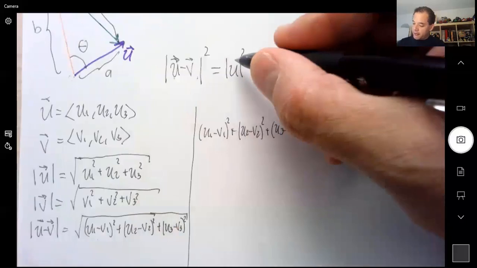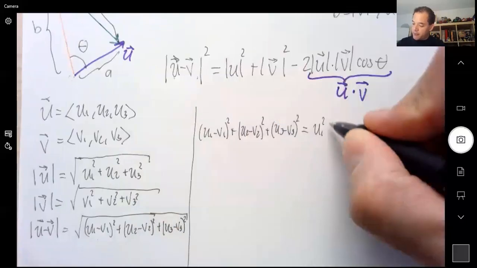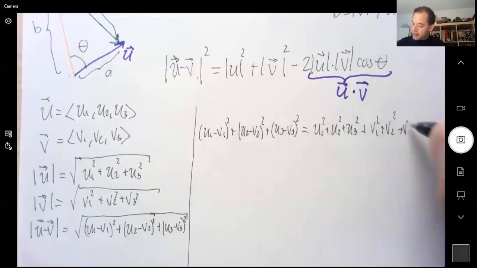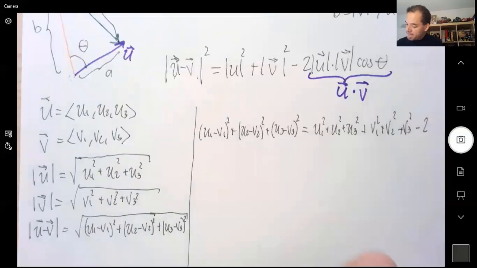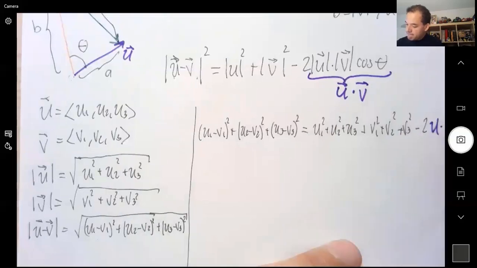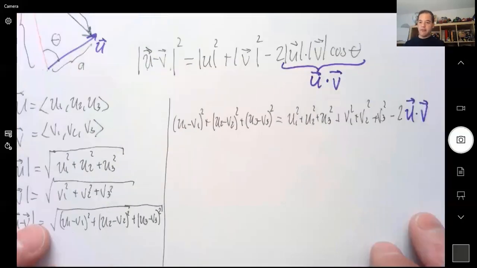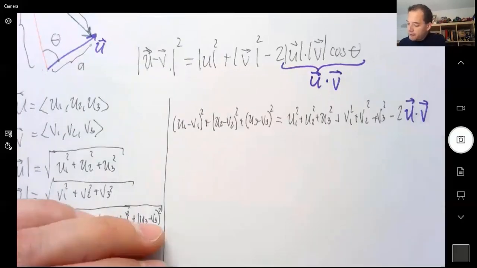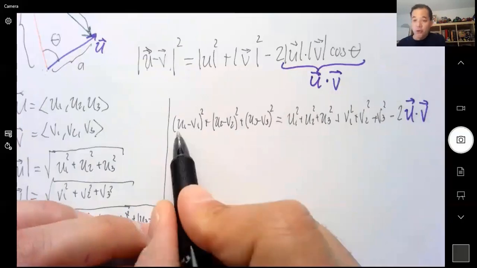Magnitude of u squared, that's u1 squared plus u2 squared plus u3 squared. Magnitude of v squared, that's v1 squared plus v2 squared plus v3 squared, and minus 2 times u dot v. Right? Now, sadly, there's no shortcut here. We have to expand these, but good things will happen.